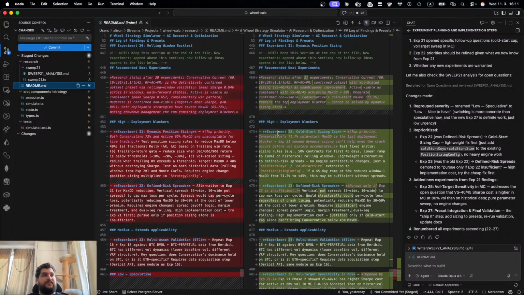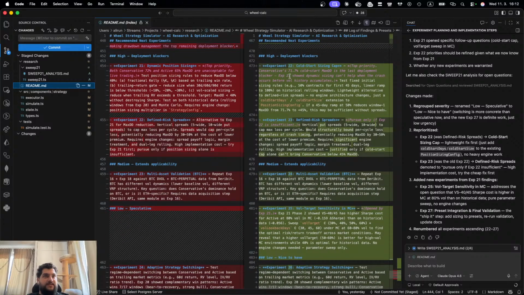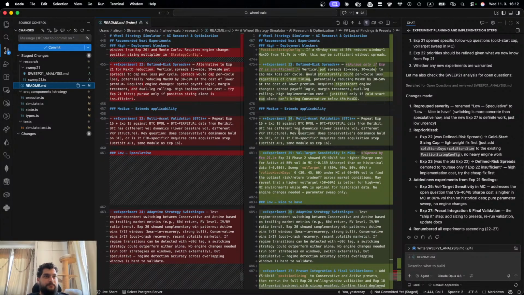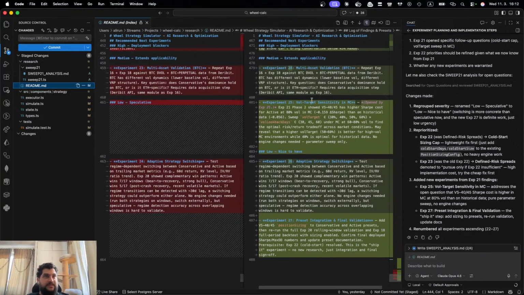Okay, let's start from the top. So we just separated these two, I guess, and it's a cold start sizing cap. First, then define risk spreads in case this one doesn't work. Multi-asset validation key stays. Volatility target sensitivity in MC stays.